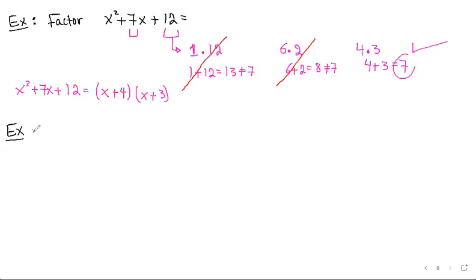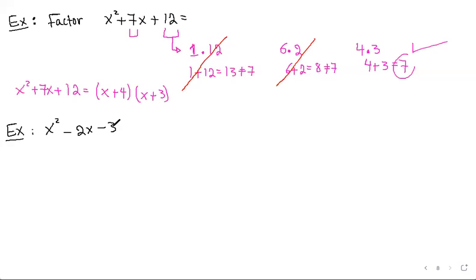x squared minus 2x minus 3. How can we think about this one? Give me two numbers.